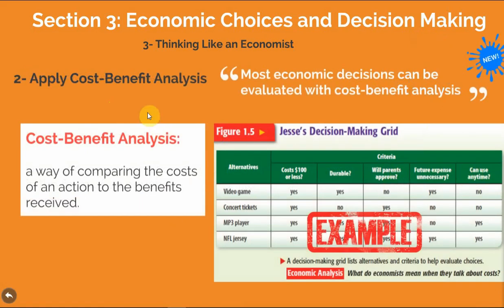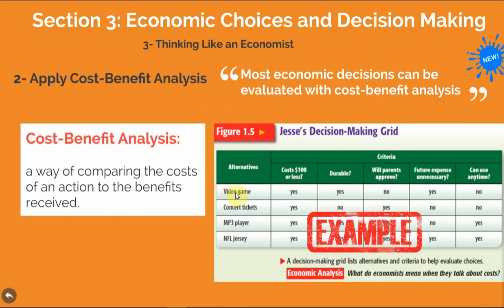The second is to apply cost benefit analysis, which means most economic decisions can be evaluated with cost benefit analysis. An example of it, we already have taken, which is the decision making grid. So, what is the definition of cost benefit analysis? It's a way of comparing the cost of an action to the benefit received.